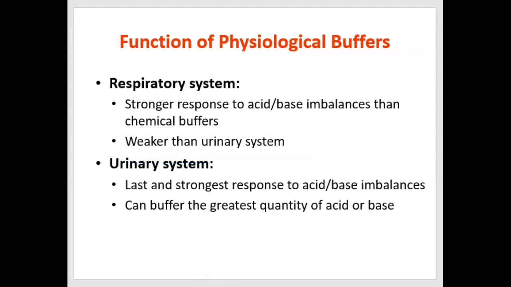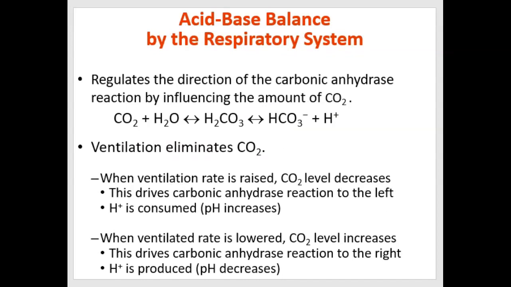So let's look at how the respiratory system performs acid-base balance. It's based entirely on our production of carbon dioxide and the fact that we are basically a bunch of cells in an aqueous environment, and so carbonic acid is produced all the time.